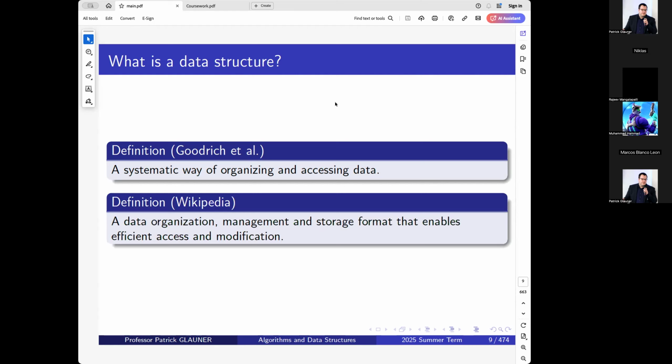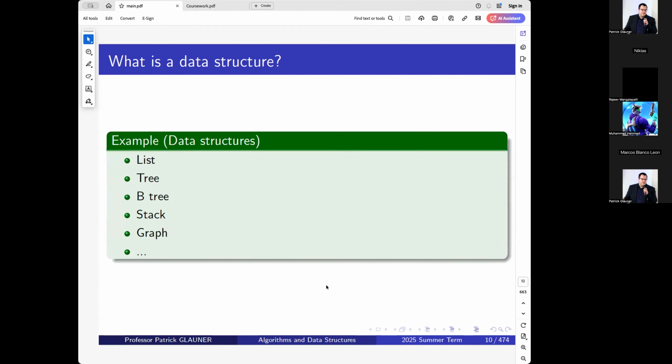This is meant by organizing it. Wikipedia says a data structure is a data organization, management, or storage format that enables efficient access and modification. So I agree, we want to organize, manage, and store data and access and modify it. But a data structure is not always necessarily efficient. We want efficient ones, but I would not add efficient to the definition of a data structure.